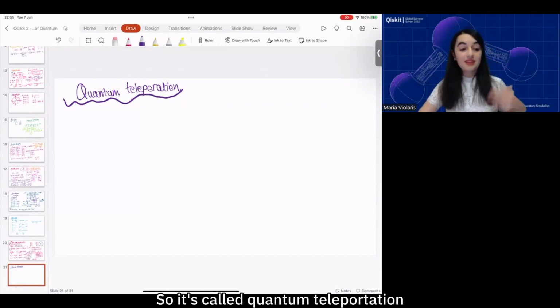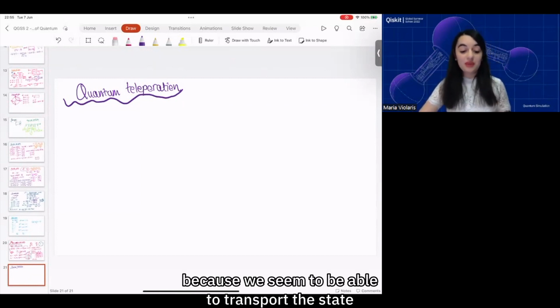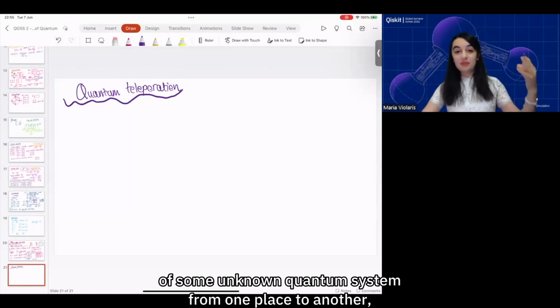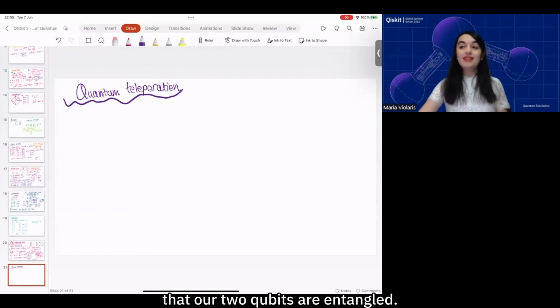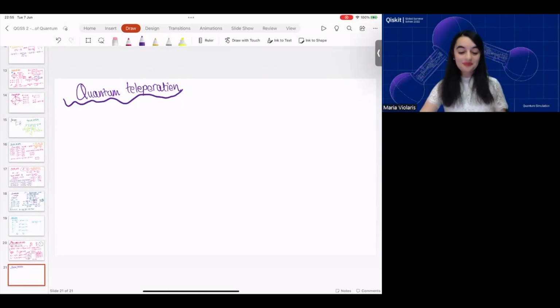So it's called quantum teleportation because we seem to be able to transport the state of some unknown quantum system from one place to another by only sending classical information from one place to another. And that's making use of the fact that our two qubits are entangled.